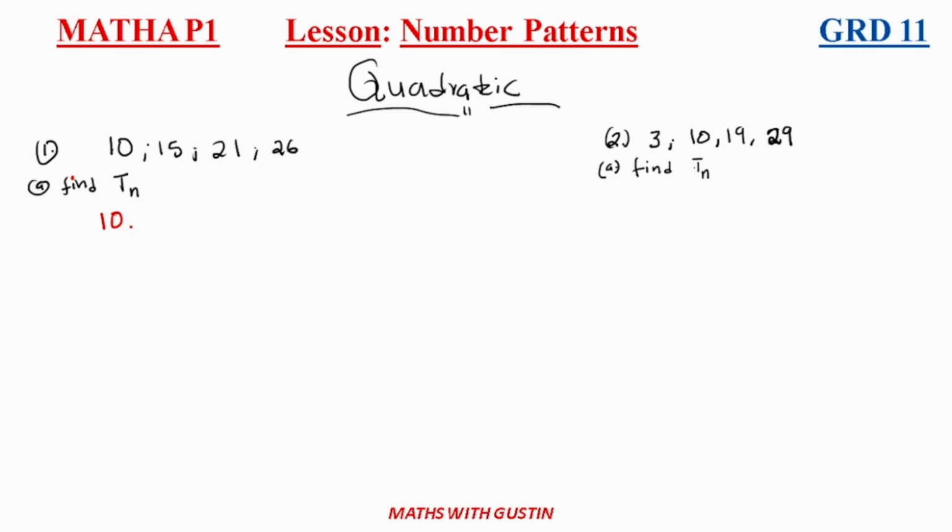If you haven't watched the video that I posted before, that is the video that has to do with the lesson and the basics that you need to know so that you don't struggle with this chapter.